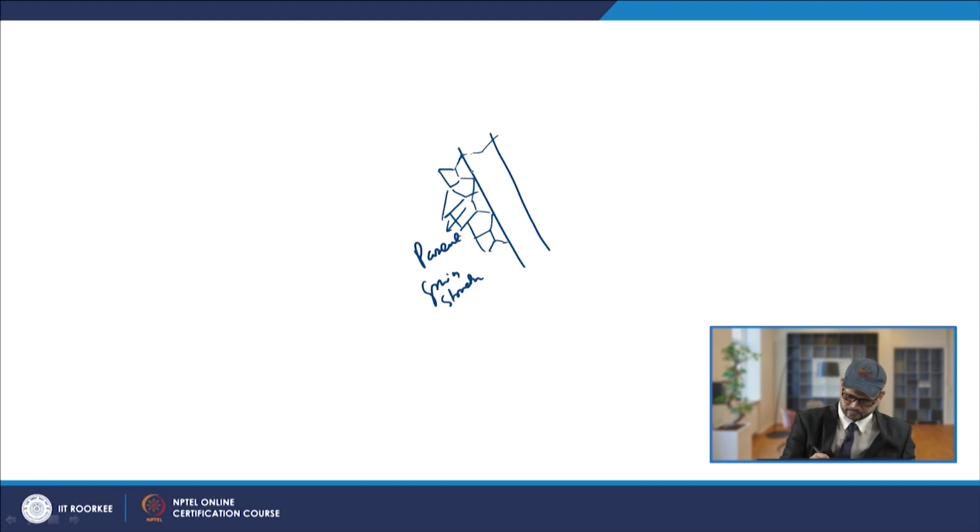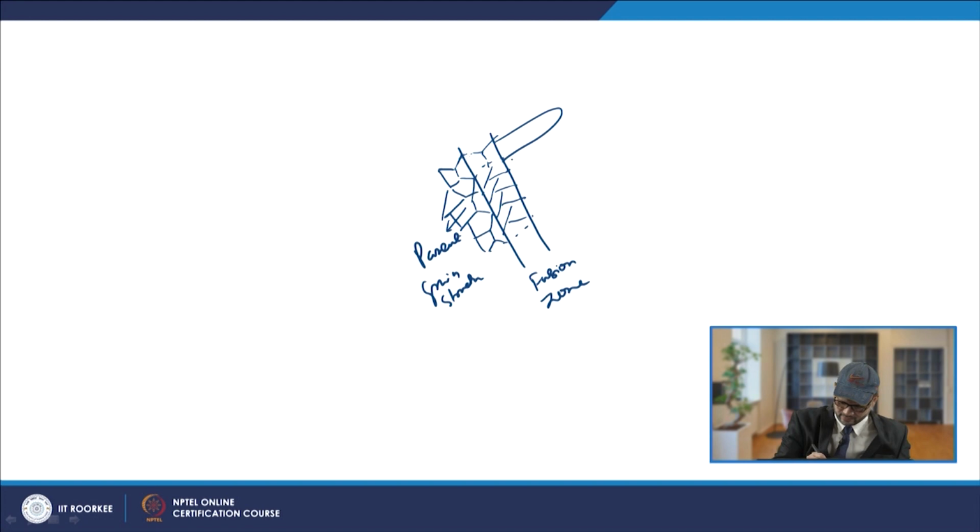So, you will have grains melted partially in these cases. This zone is known as the fusion zone, and then on this side you will have the growth taking place.